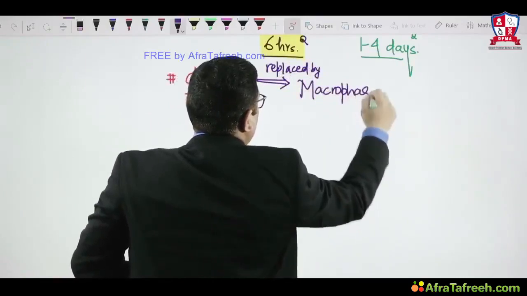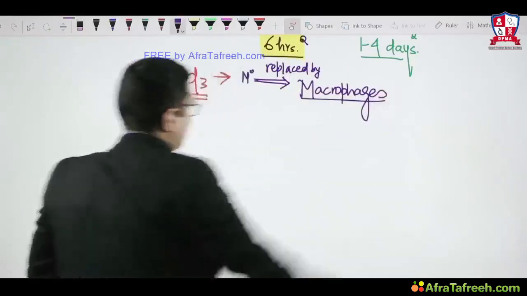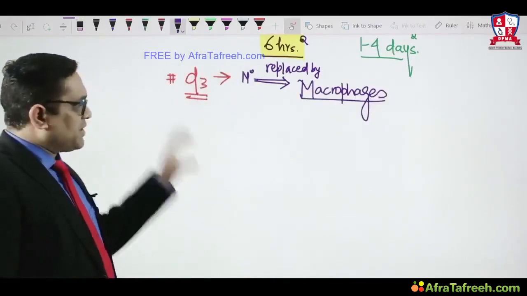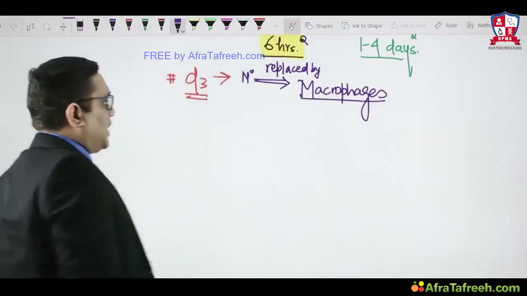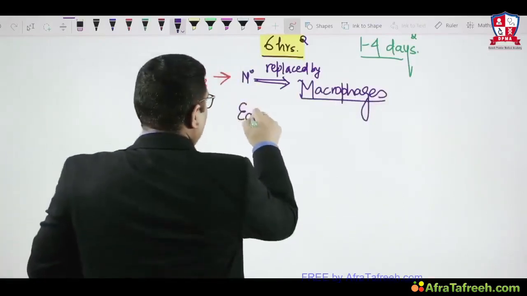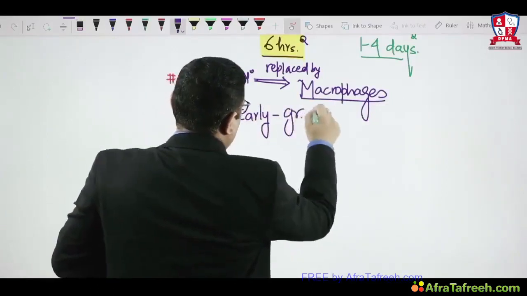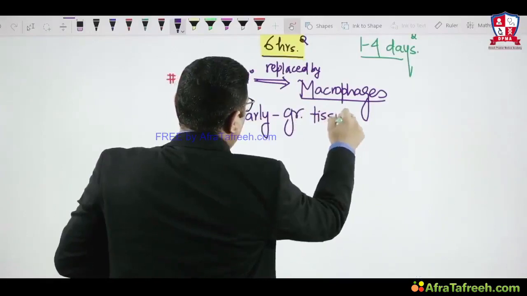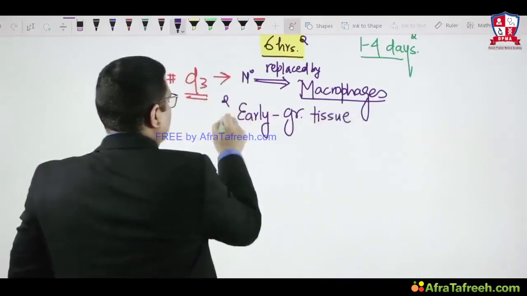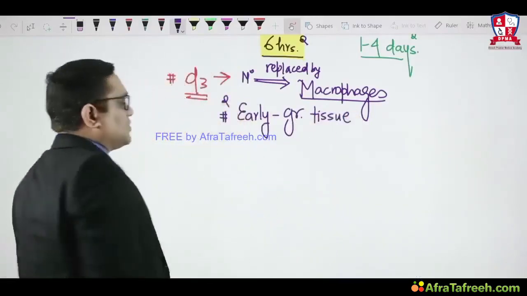That is important. So on day 3 neutrophils will be replaced by macrophages, and early granulation tissue will start forming on day 3.